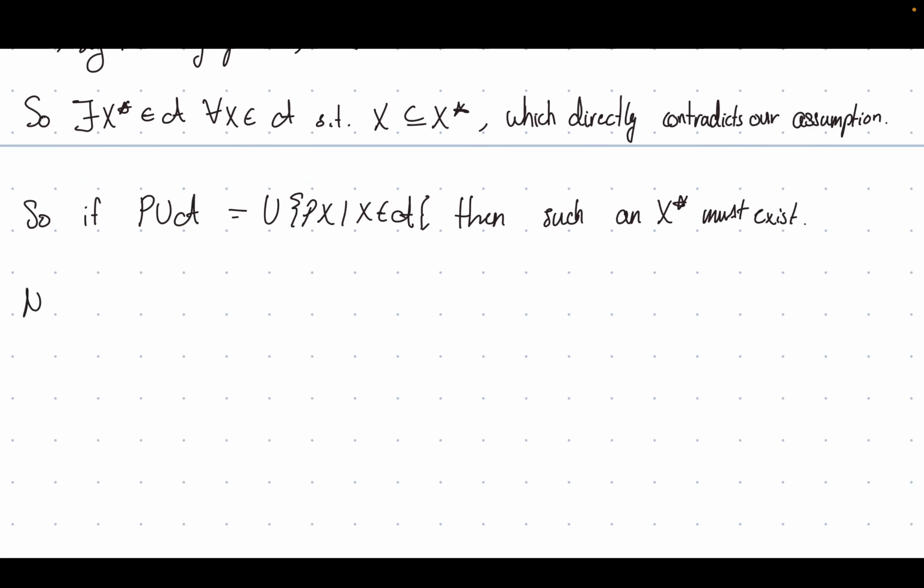And then notably, this is actually a better condition than what I had before.